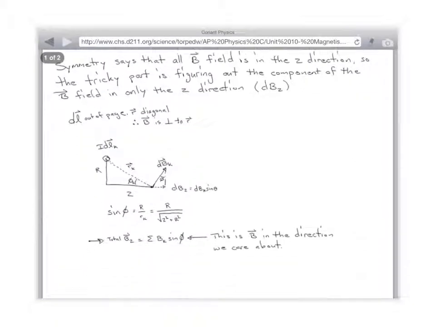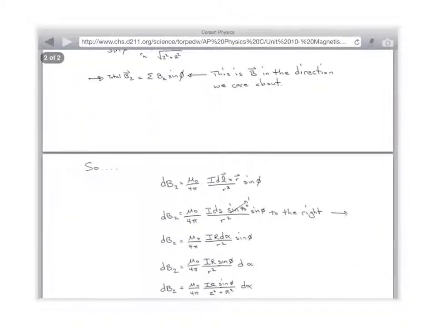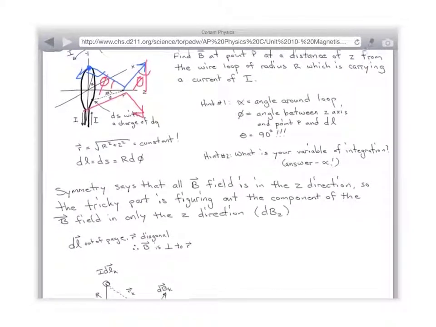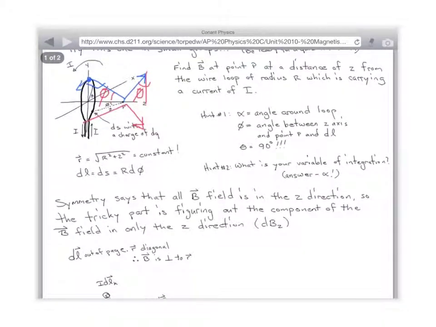So let's look down at it again. Now, I need to convert length along the edge, that's an arc length, into an alpha. The way we convert arc length into alpha is to say that the arc length, dl, is equal to the radius times d alpha. This should be an alpha, not a phi.